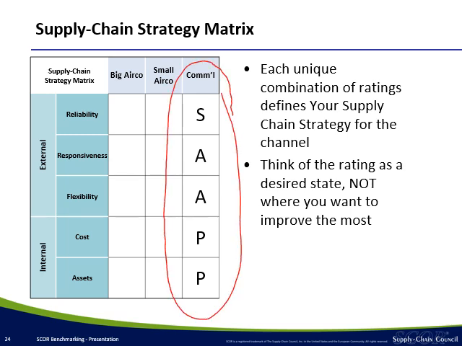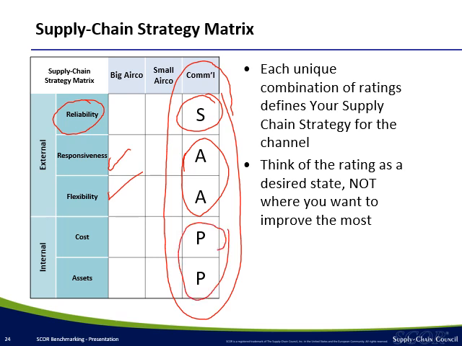If you want to analyze this strategy, this supply chain needs to be excellent at reliability and very good in responsiveness and flexibility, and needs to be okay or at par for the cost and the assets. So for this company or for this product, they want to be reliable.